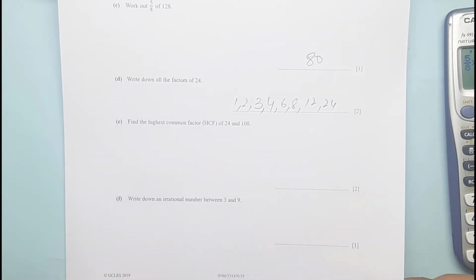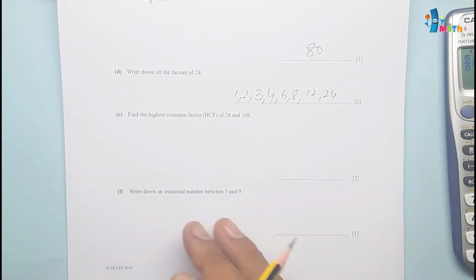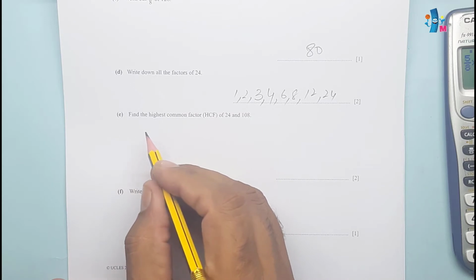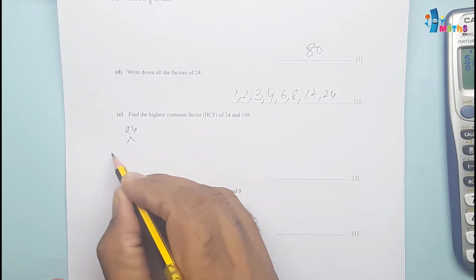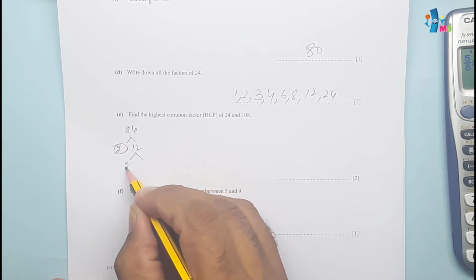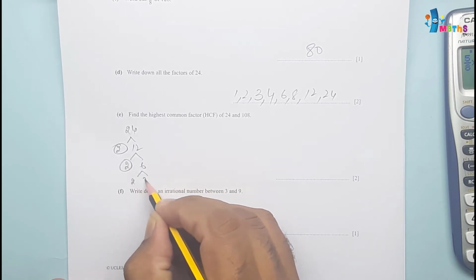Find the highest common factor, HCF, of 24 and 108. So what we can do, we can write 24 as 2 into 12, then 2 into 6 and 2 into 3.